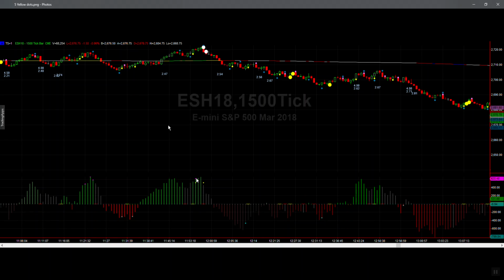So you can see the magenta dot here would suggest the possibility of a change of strength coming from the up move here, and here it goes down.